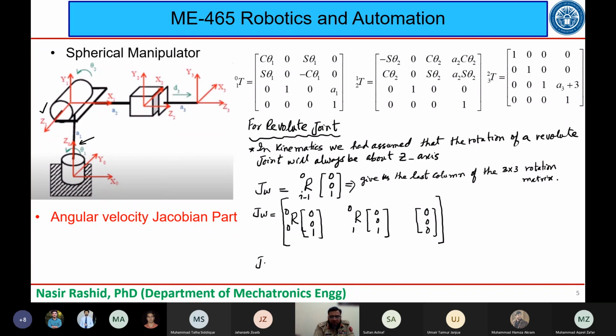So JW will be equal to, अच्छा, now since rotation of 0 with respect to itself, किसी भी फ्रेम की रोटेशन with respect to itself will be identity. So this will be an identity matrix multiplied by 0, 0, 1.